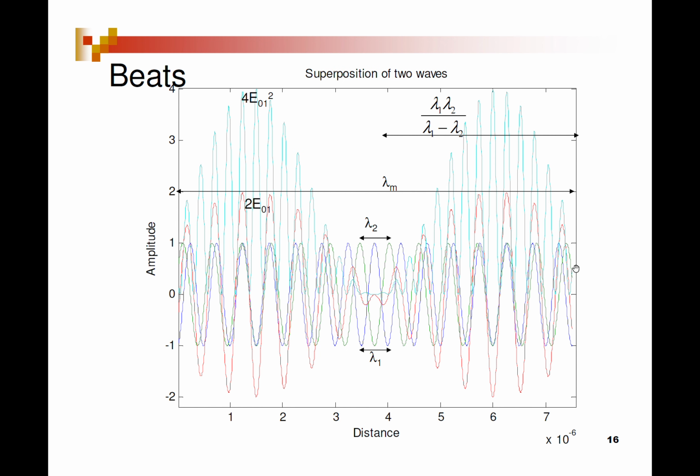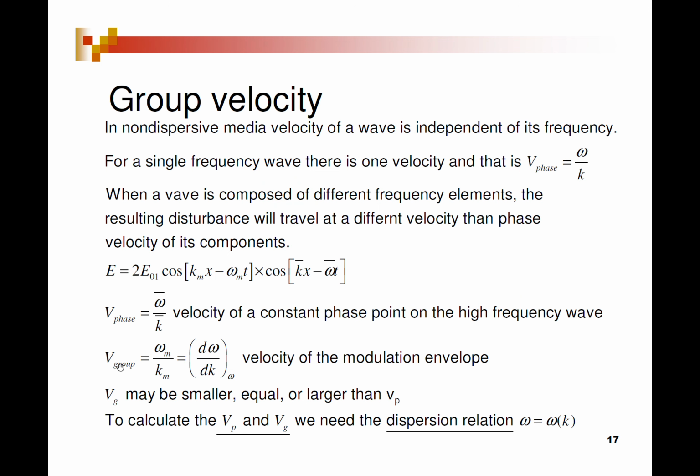Okay. So we note that there is an envelope, and inside there is a high frequency term, and the total envelope will also propagate. That's the information. And for the envelope, we have a group velocity, and for the phase, we have this phase velocity. Okay, thank you.